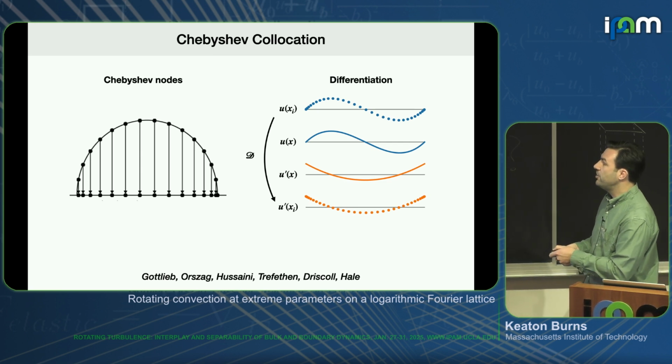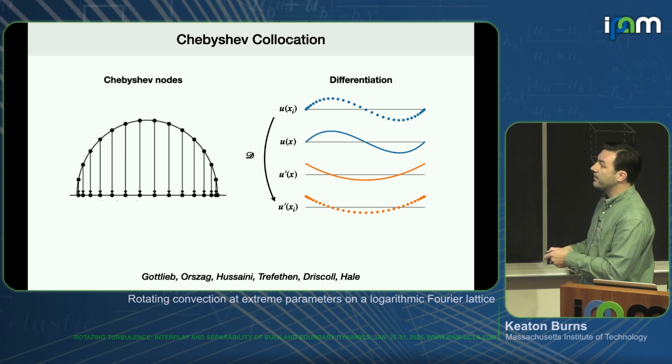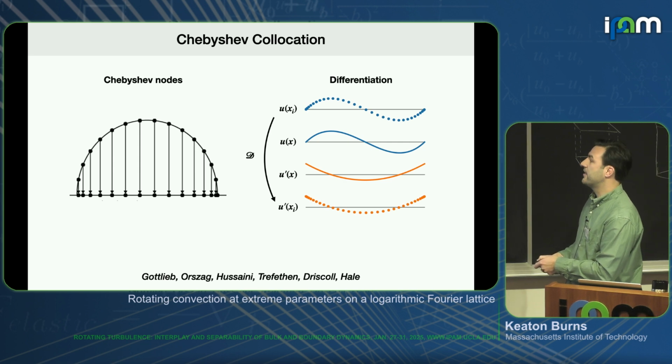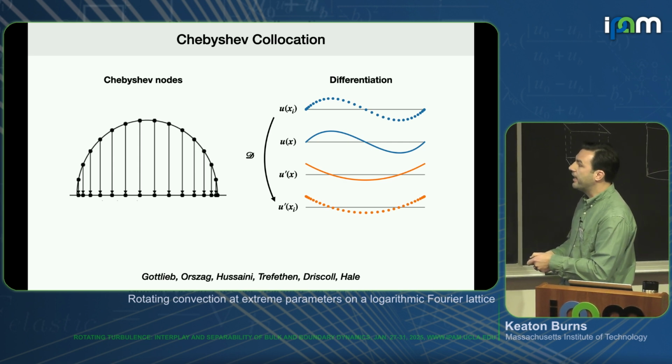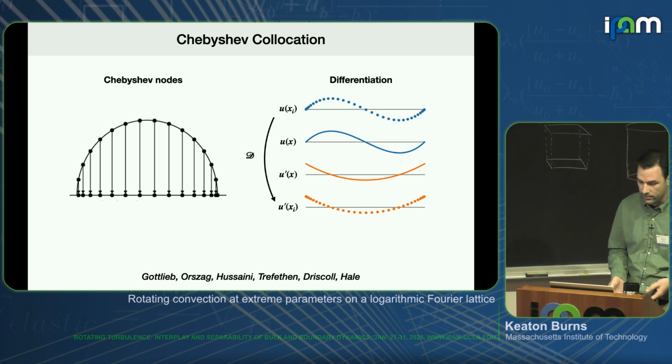So if we have some function u at this set of points, we can compute its derivatives by drawing the polynomial interpolant that goes through all those points, differentiating that exactly, and then looking at the values of that on the same grid. So this gives us a discrete, what's called the collocation differentiation operator D, which is the map from grid points to derivative values on this collocation grid.